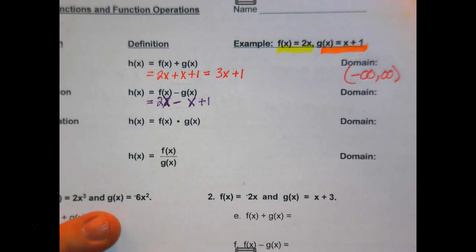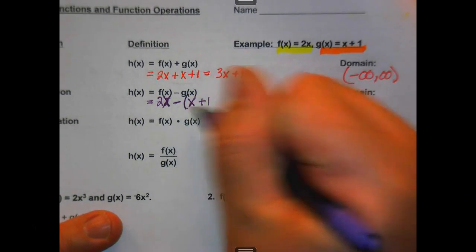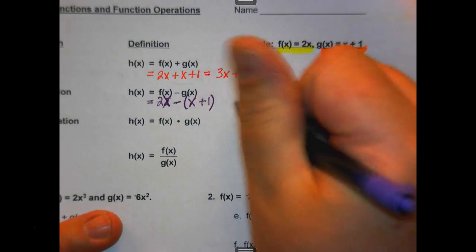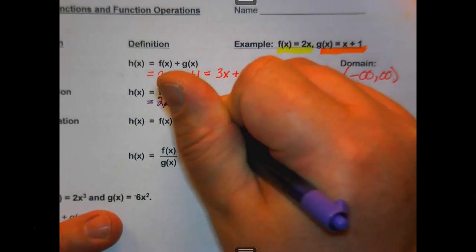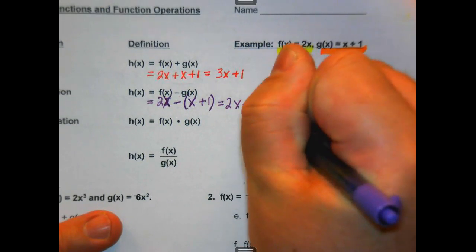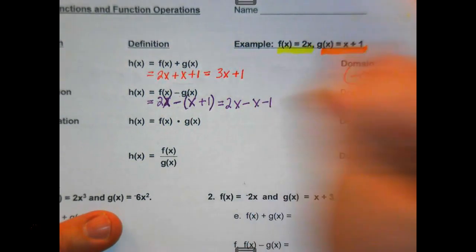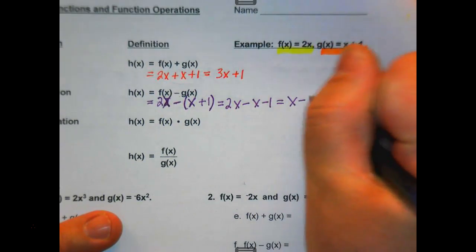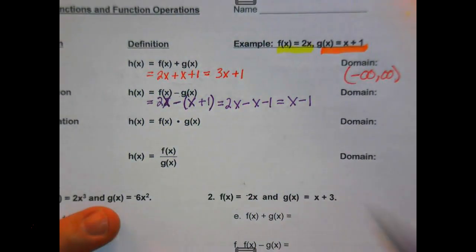This is where a lot of students make mistakes, because in subtraction, we have to use parentheses. Now we have to simplify. We have to distribute the minus sign. So I have 2x minus x minus 1, so I have x minus 1 as my new h of x.